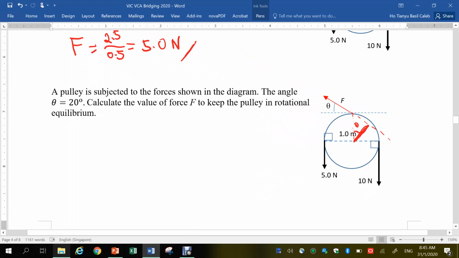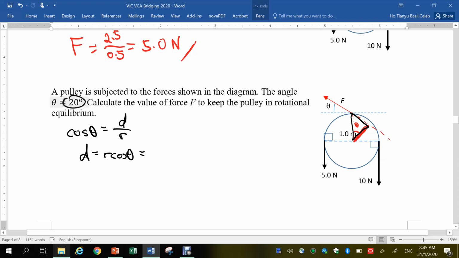So first, let's try to find the perpendicular distance D. Let the perpendicular distance be D, the alphabet D. If you take cosine theta of this triangle here, we have perpendicular distance D over the radius R. The perpendicular distance D is then R cosine theta, which in this case is 20 degrees.